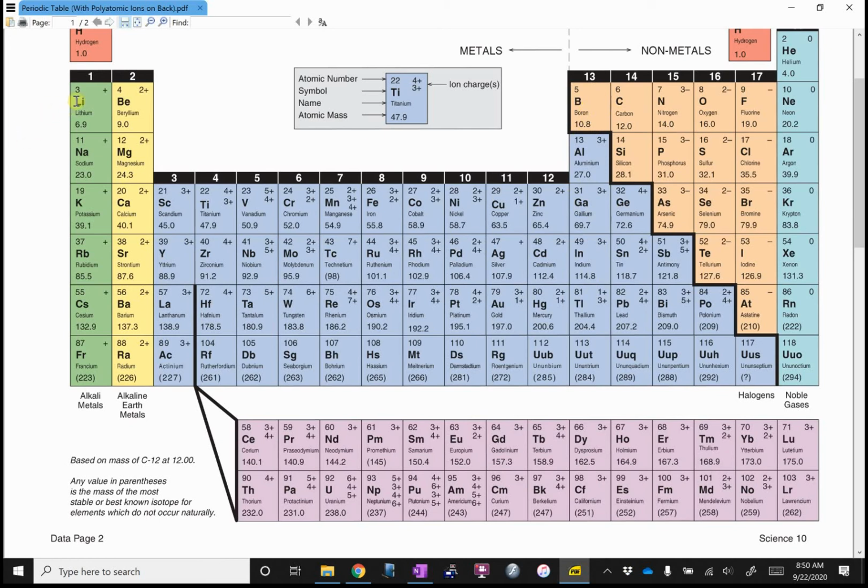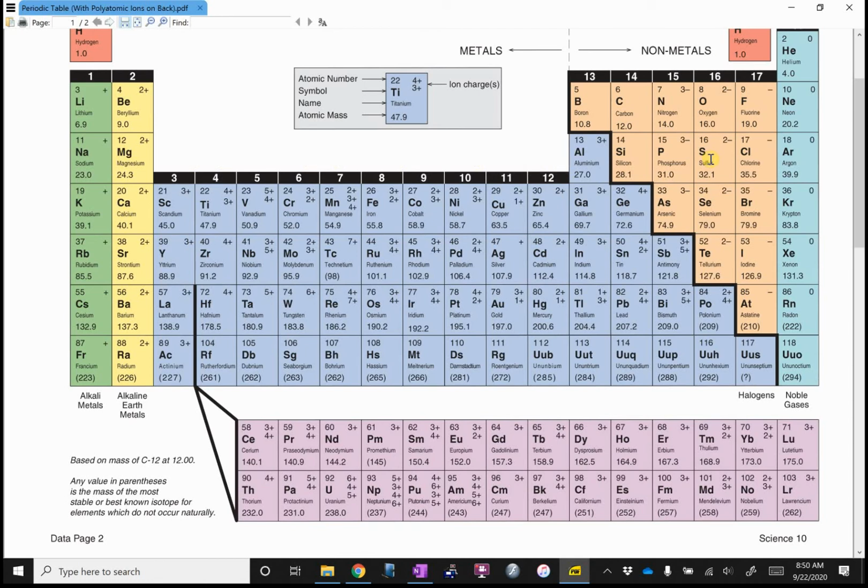I count from the left, 1, 2, big gap, 3. Boron has 3 valence electrons. Sulfur, right here, would have 1, 2, 3, 4, 5, 6 valence electrons.